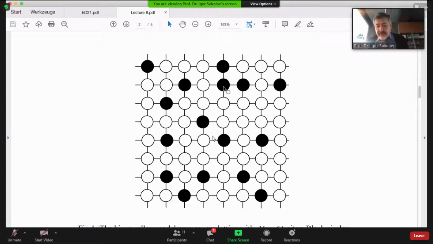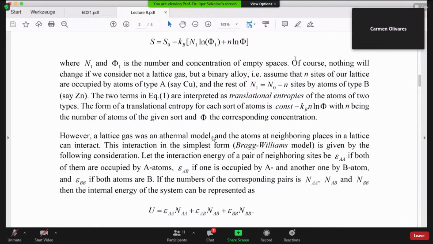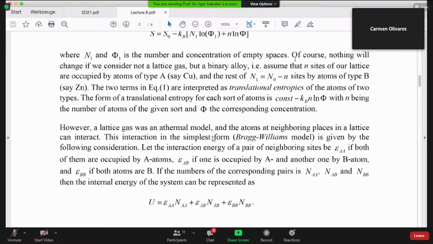Do you need something more on this, some more details, or it's okay? It's okay. I just had this question of how all the terms are, so I can understand the equations better. So these are simply the energies of interaction of the nearest neighbors. They were absent in the lattice gas.